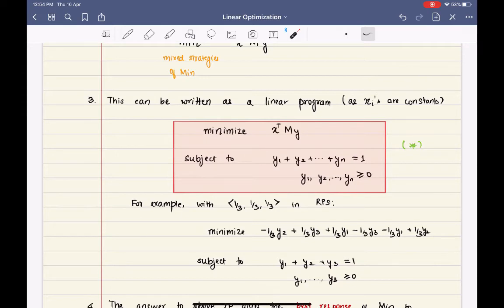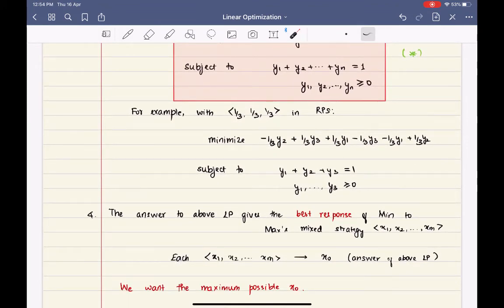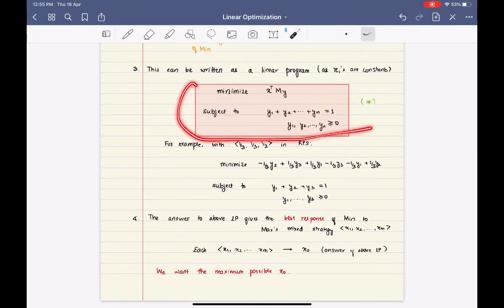Now that we have this, the answer to the above LP gives the best response of min to Max's mixed strategy x1 till xm.